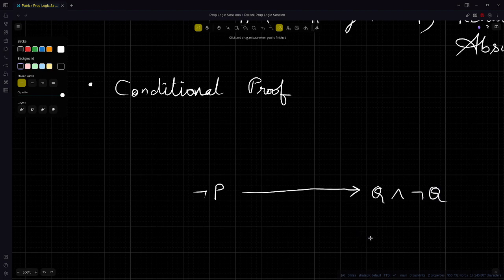Now this is a conditional statement: not P implies contradiction. And we know contradictions are always false according to the law of non-contradiction. So when the consequent is false, in order for this thing to be true, what is the truth value of this?